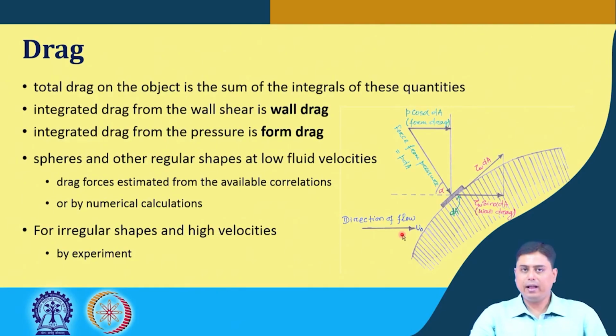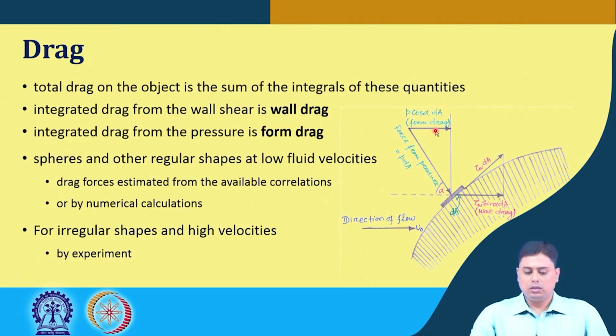So the total drag on the object is the sum of the integrals of these quantities that we have mentioned, one arising from the force due to pressure and the other from the wall shear. The integrated drag from the wall shear we call wall drag, and the integrated drag from the pressure component we call the form drag.